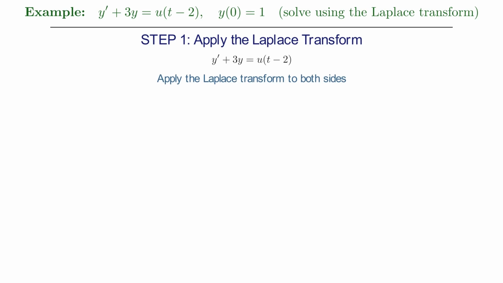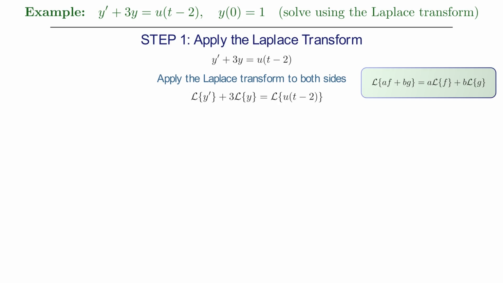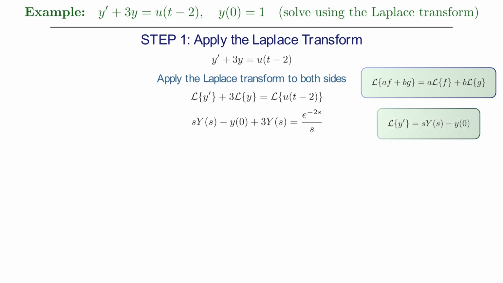So using the linearity property, the left-hand side becomes the Laplace transform of y prime plus 3 times the Laplace transform of y, is equal to the Laplace transform of the unit step function u of t minus 2. From the table, the Laplace transform of the first derivative y prime is s capital Y of s minus y of 0.